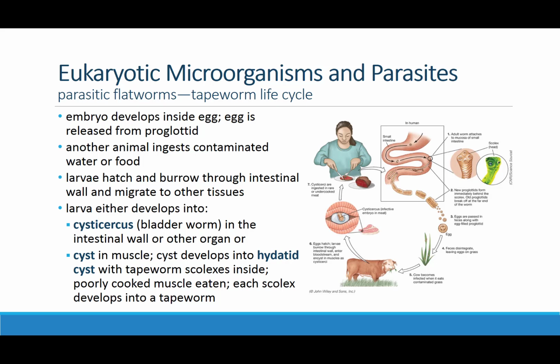And we digest away the cyst from around the scolex, and each scolex then will embed itself into the intestinal wall, begin growing proglottids, absorbing nutrients directly across their skin, and using all that energy then to build new proglottids. And as the proglottids grow and develop, then they produce eggs, as we talked about in the last slide.